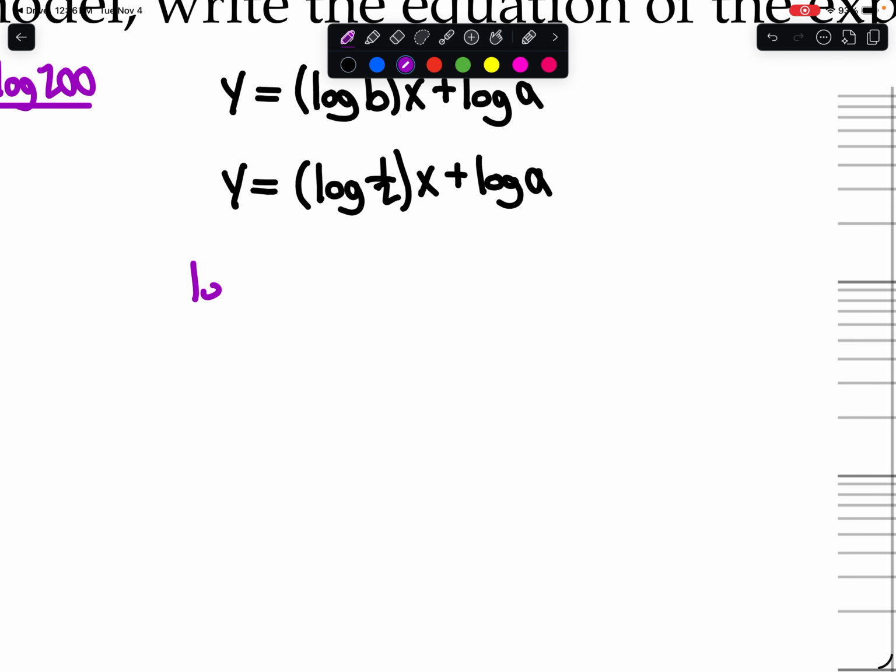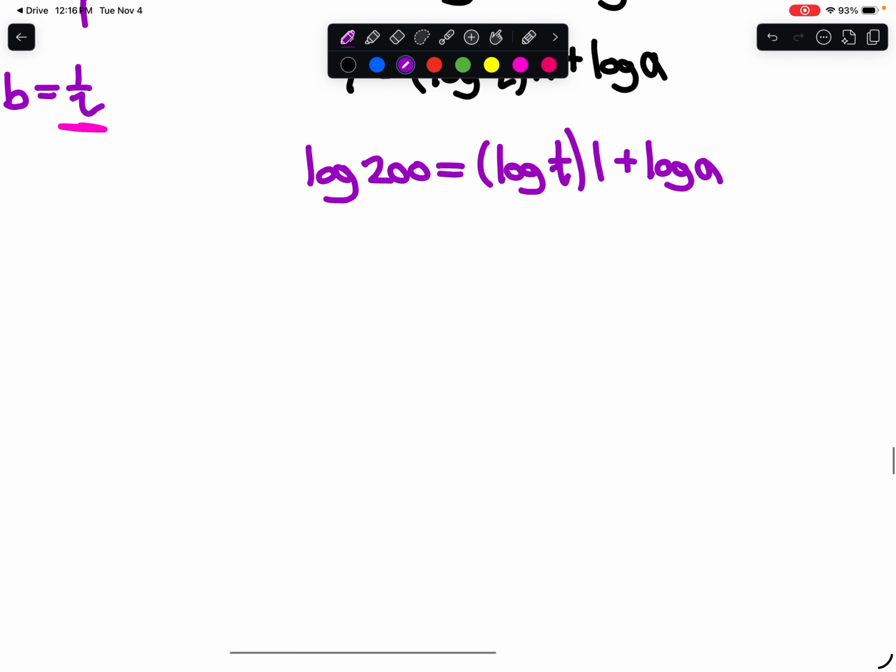So once again, I'm going to plug in log of 200 since we're logarithmically scaled on the vertical axis, and that's going to equal log of 1/2, which is your b value, and then your x value in this case is going to be 1 plus log of a. So 1 times log of 1/2 is just going to give you the log of 1/2. So I'm going to rewrite this as log of 200 equals log of 1/2 plus log of a.